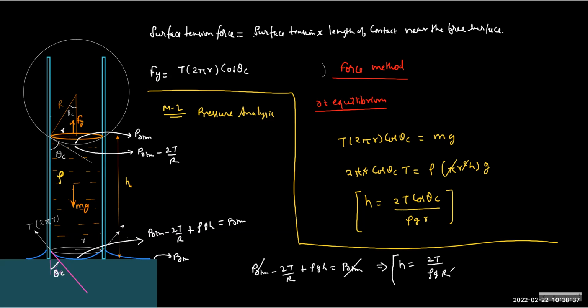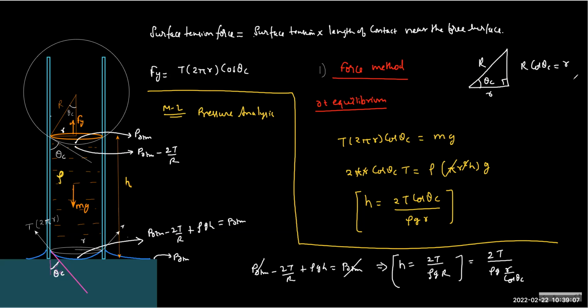Now this may look like a different formula, but we can realize that this R and the capillary radius are related in this case by the relation R cos theta equals the capillary radius. So when you do the pressure analysis, you need to substitute R with the radius of the capillary, by writing R as the capillary radius divided by cos theta.